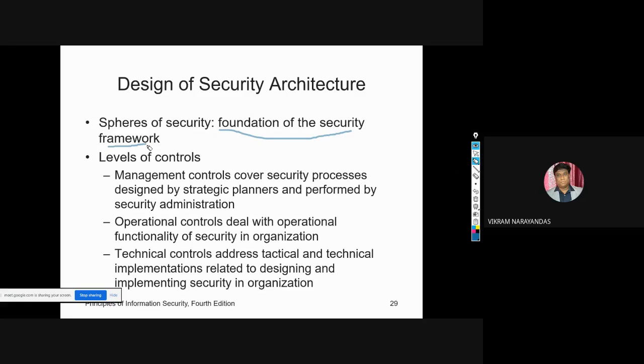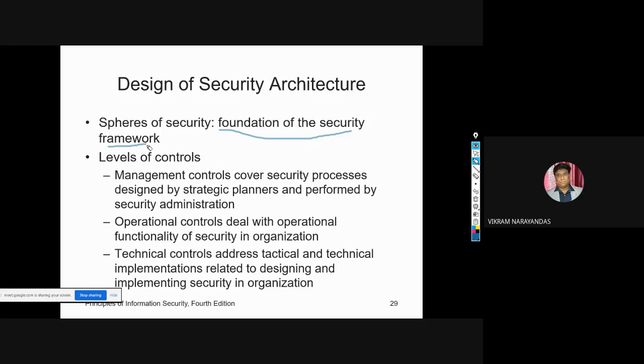We can see different spheres, which are different levels in the organization. It may be software, it may be hardware, it may be people. So how will we provide security for the different levels? What are the levels of controls, and what type of controls are you providing for your organization?